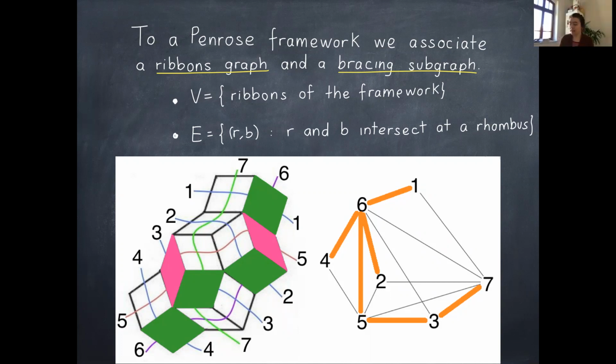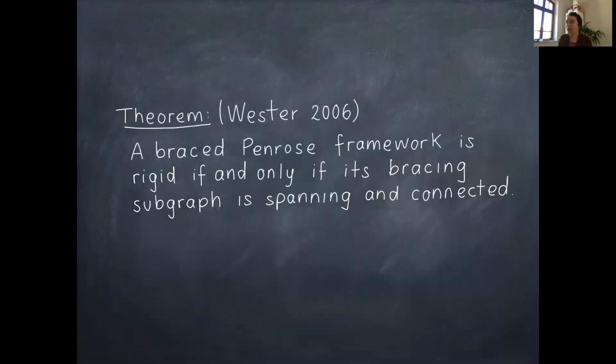Okay, and the theorem is very similar to the one that we had for grids. And it says a braced Penrose framework is rigid if and only if its bracing subgraph is spanning and connected.